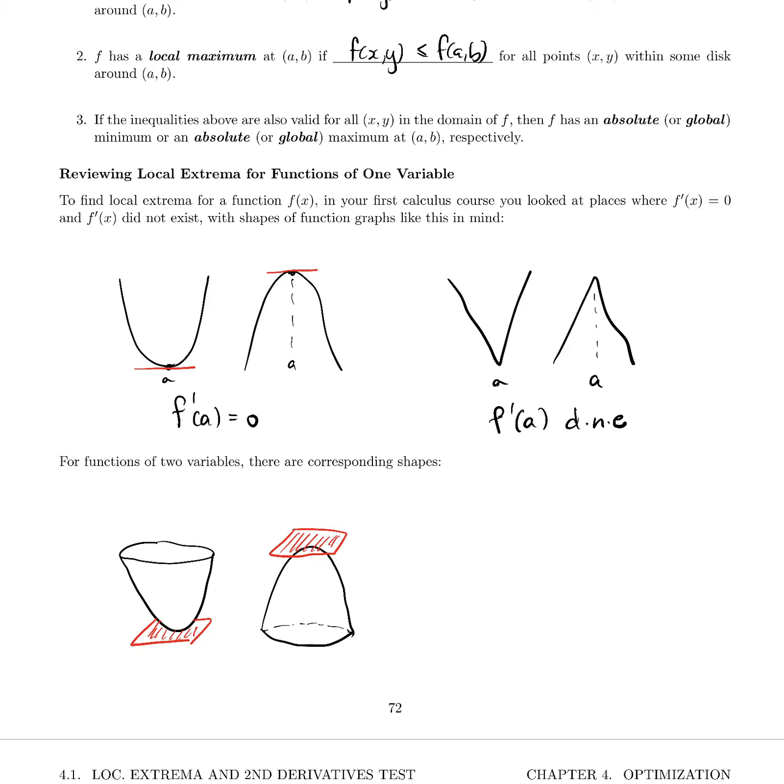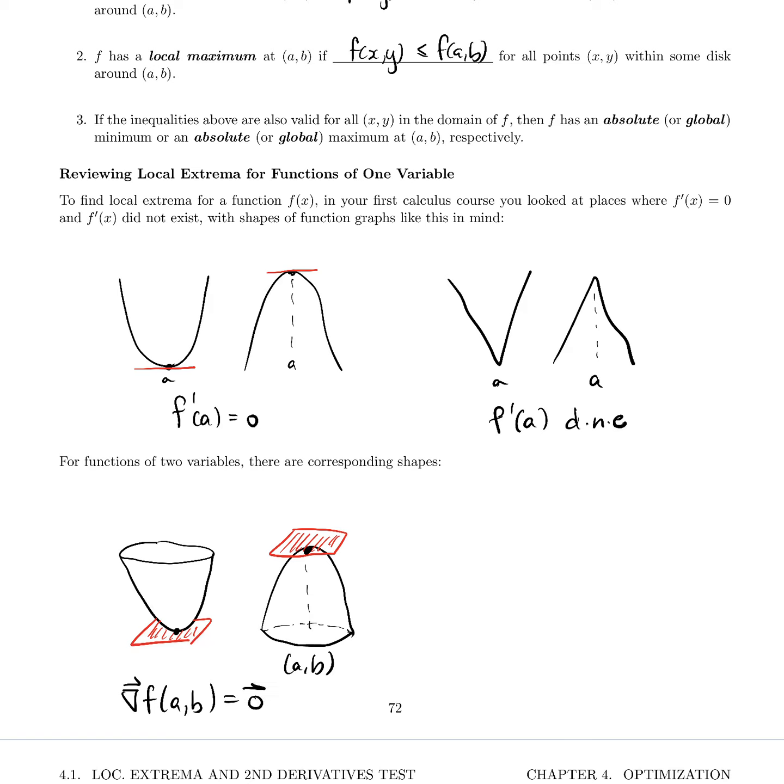If we have a point, let's call that point (a, b), and the tangent plane is horizontal, it's because the partials are both 0, and if the partials are both 0, the gradient of f at (a, b) is 0.